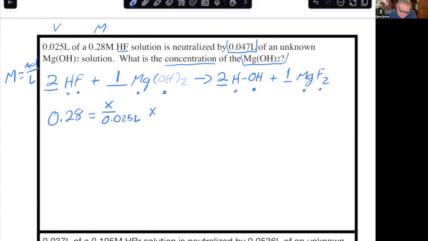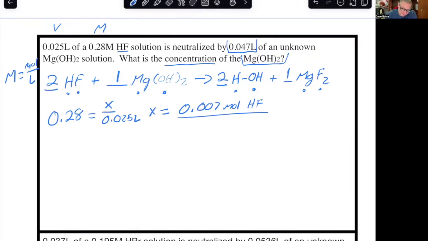So therefore, X equals, and I'm going to put that in the calculator as 0.28 times 0.025, and that's going to equal 0.007 mole of hydrofluoric acid.